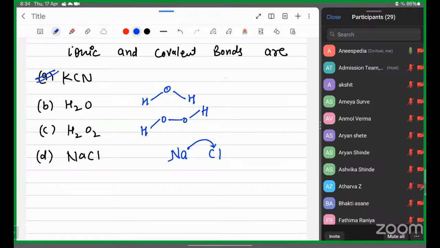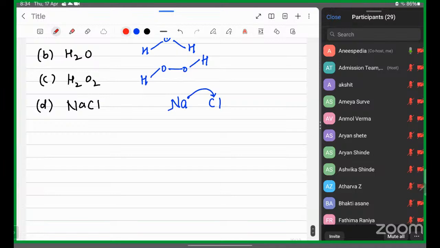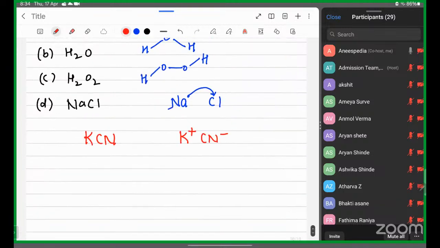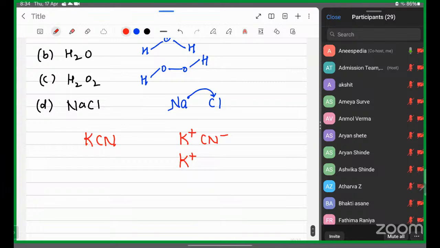In KCN, let's understand KCN. We have K plus and CN minus. If you look at the CN minus structure, this will be like C triple bond N with a minus sign.